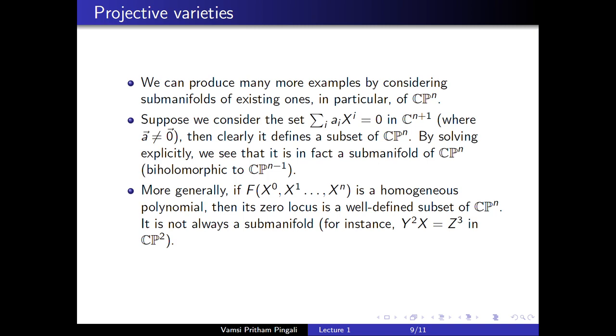Suppose you look at the coordinate chart where x is not 0, then you have two coordinates z1 and z2. z1 is y over x, z2 is z over x. So z1 squared equals z2 cubed. If you look at this in R2 for instance, this would have a cusp at the origin, right? If you sketch it, it has a cusp. It looks like this, yeah, in R2. So you can very well imagine that it's not a submanifold, but you can also actually prove it. Okay.